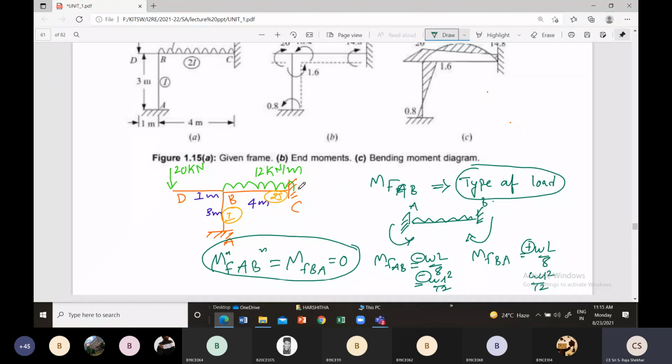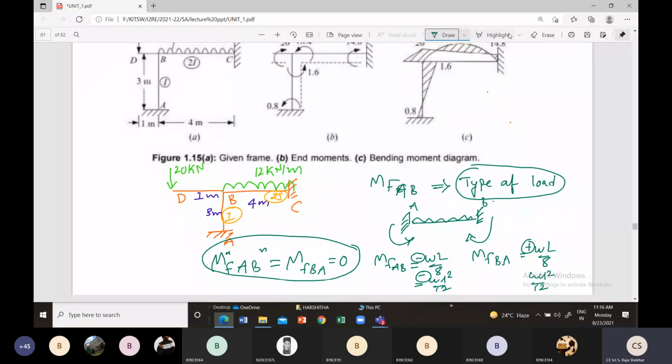So this is whatever is given. This is the frame, the given frame. The loading for the BC member is a uniform distributed load of 12 kilonewton per meter. For the AB member, there is no external load. For member BD, an external load of 20 kilonewton is acting.